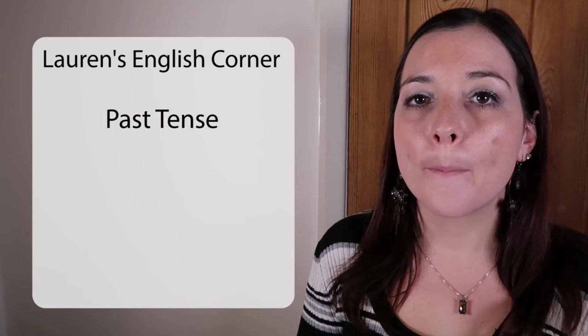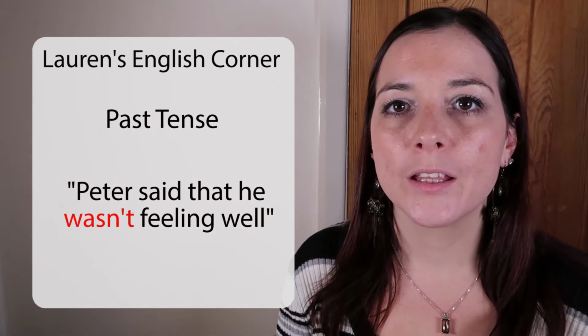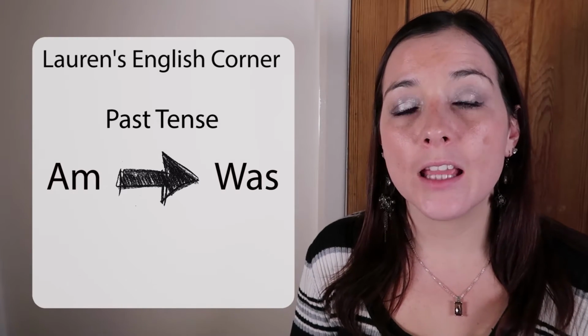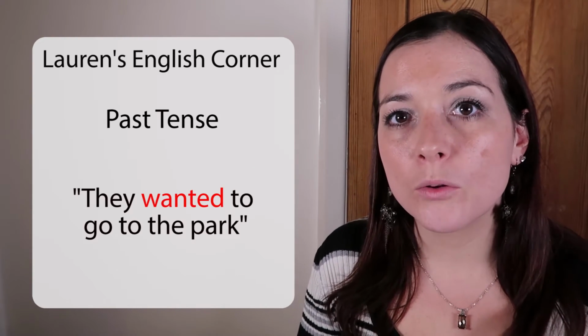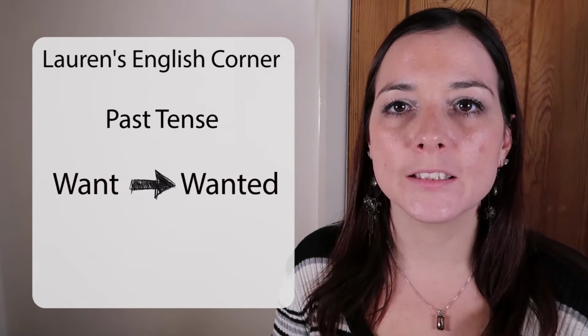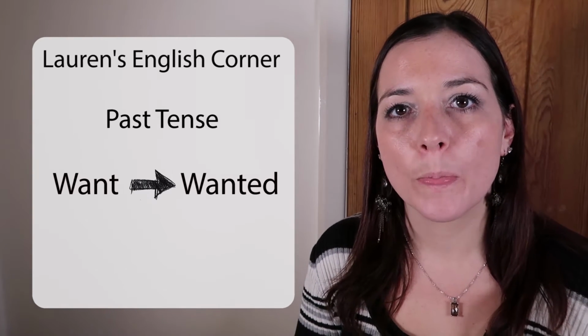So Peter said that he wasn't feeling well. So instead of am, was. And in the other example, the children wanted to go to the park. Instead of want, it became wanted.